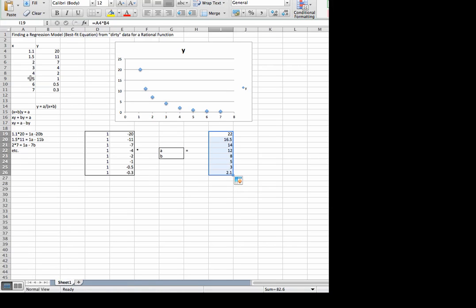We can check that out. 5 times 1 is 5, 6 times a half is 3, so it's just multiplying the x times the y. So here we have our original matrix equation.